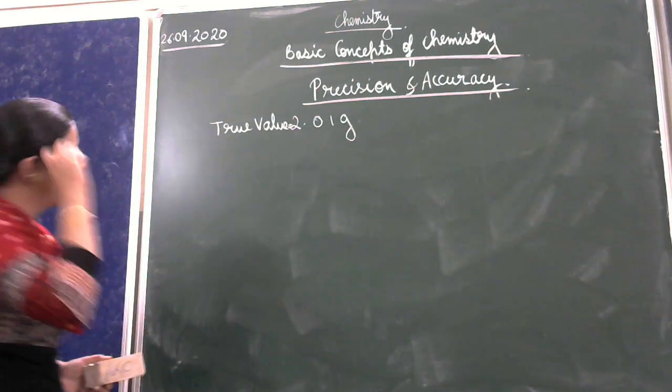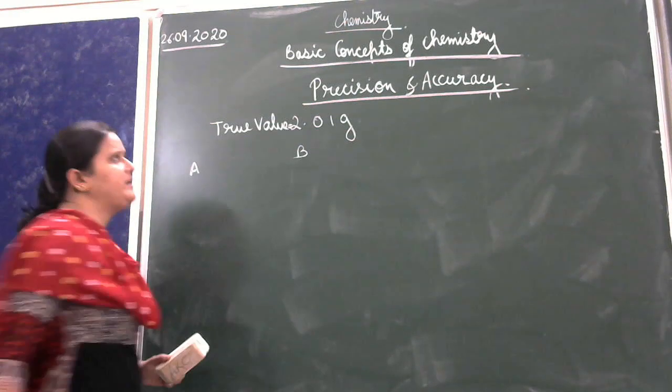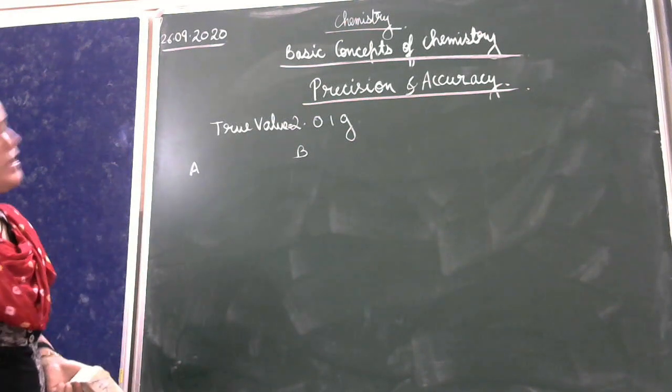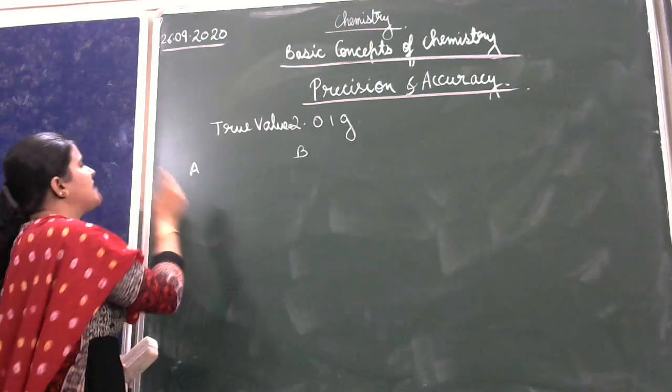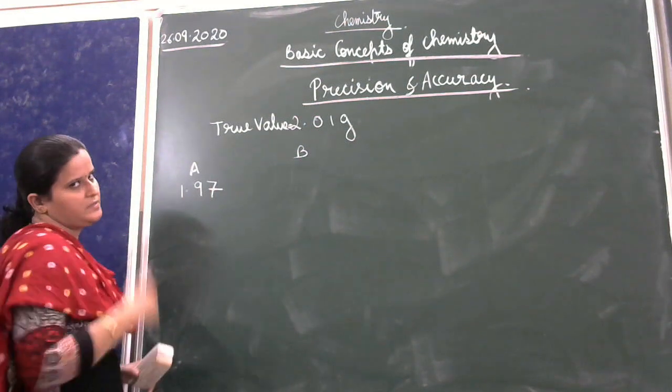Now again suppose I am taking two persons, A and B. They are going to measure the weight of that substance. In the first chance, A has got the weight, suppose 1.97 gram.